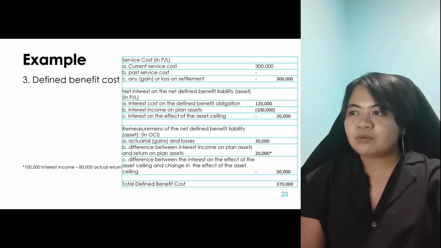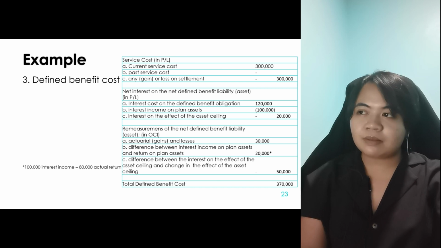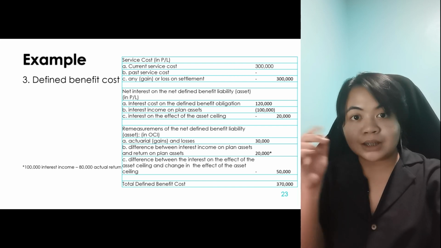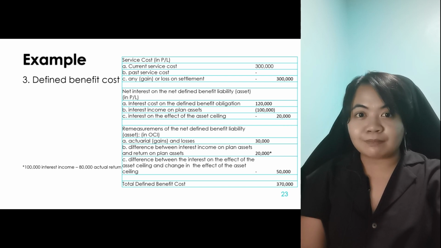Okay. Then we have remeasurements of net defined benefit liability or asset in OCI. Actuarial gains or losses, you have losses, 30,000. And then you have difference between interest income on plan assets and return on plan assets. Again, pagbabanggain mo lang, yung interest income, ito, this one, na 100,000. And yung actual return, yung kanina, yung given, 80,000. So, pag nakuha mo yan, you'll get 20,000.